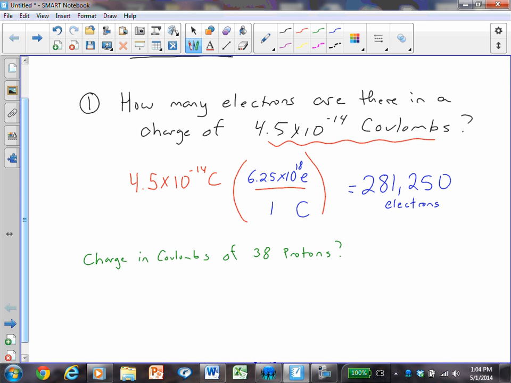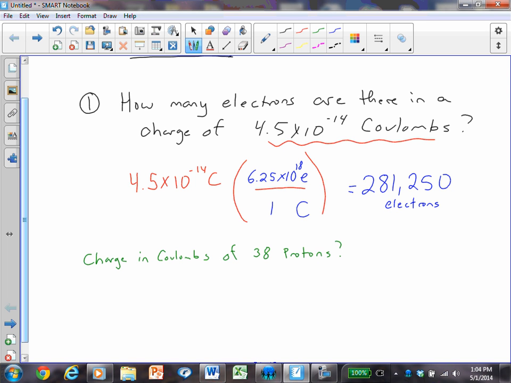How would I do that? Well, Will thinks that the charge of a proton is in magnitude the same as the charge of an electron.